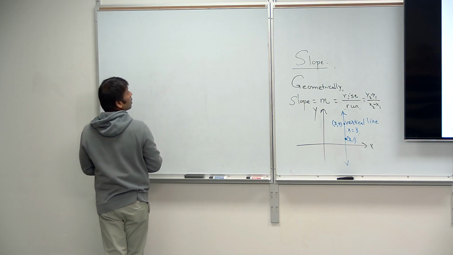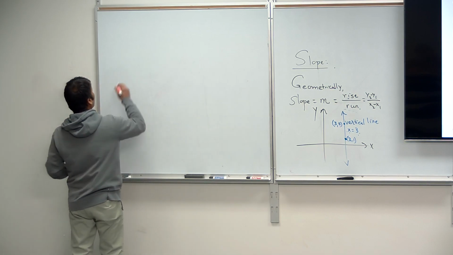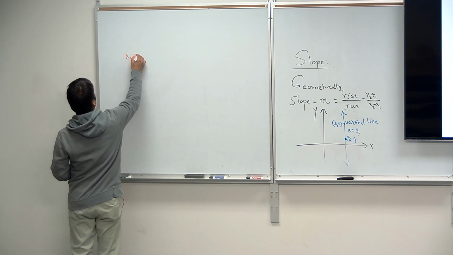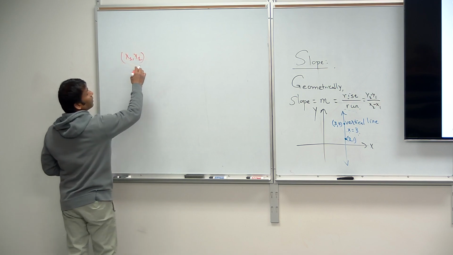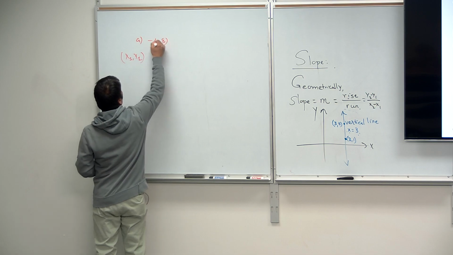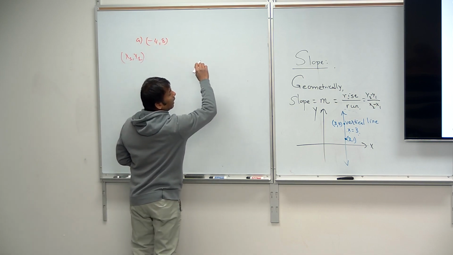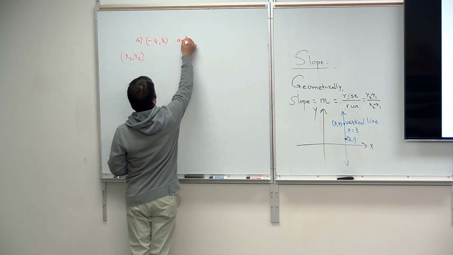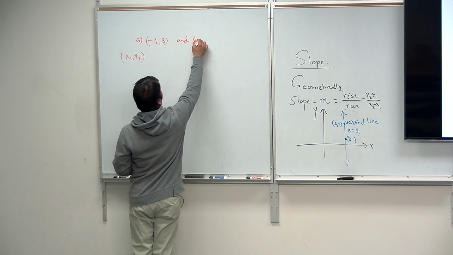So you have a point x1, y1. You want to find the slope of the line joining the points negative 4, 8 and 2, negative 3.